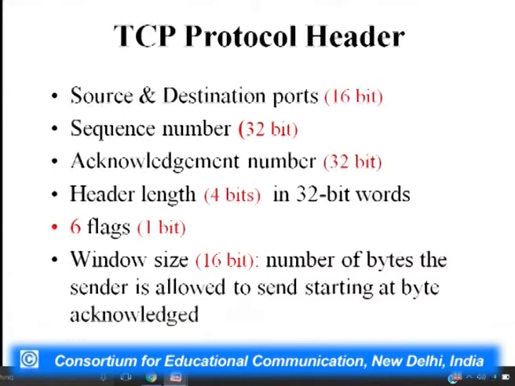Even if they do not arrive in order, they will be put in order by the destination. Then the acknowledgement number: when the receiver sends an acknowledgement, each acknowledgement has to have a number, and it is also a 32-bit number. Otherwise, how will the source know whether it is an acknowledgement for segment 1 or for segment 2?